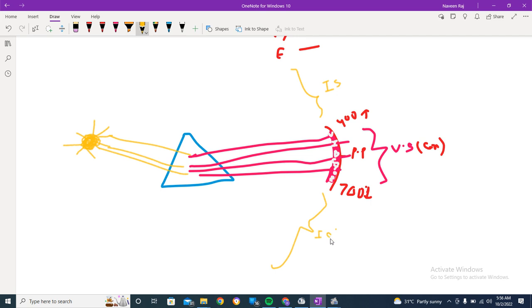The wavelength decreases from here to here, so they have short wavelength. I'm representing wavelength with lambda: short lambda here, and high lambda here, increasing from 700 and continuing to increase downwards.